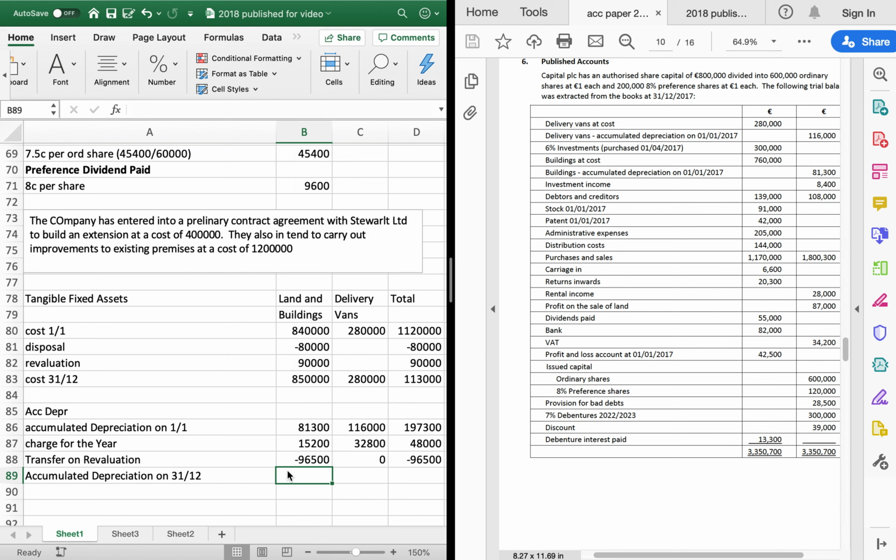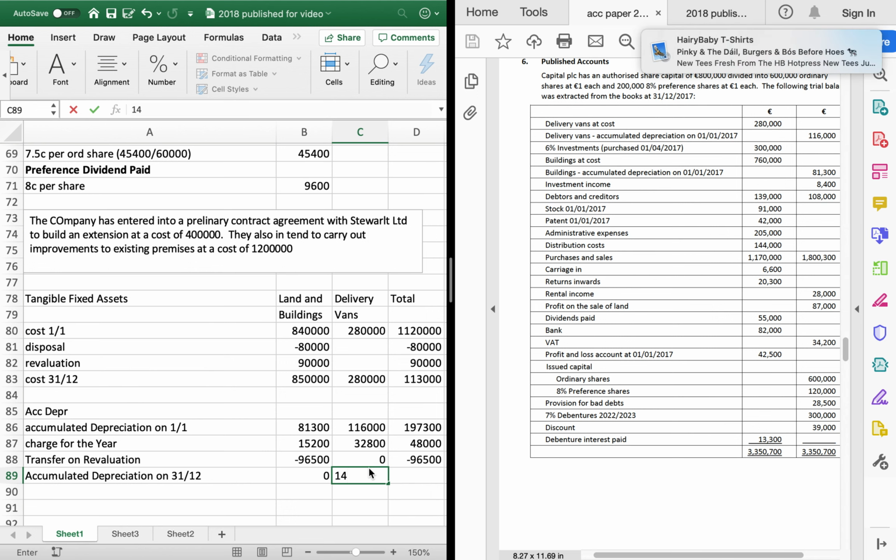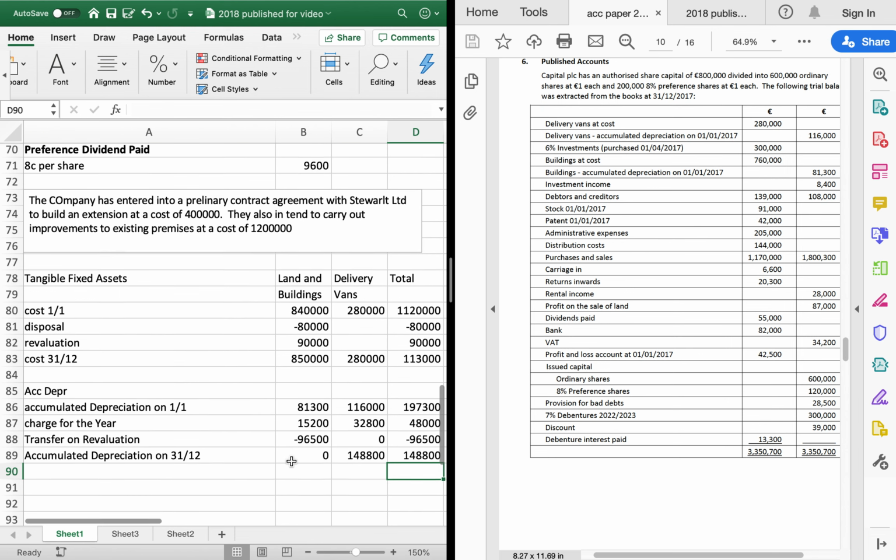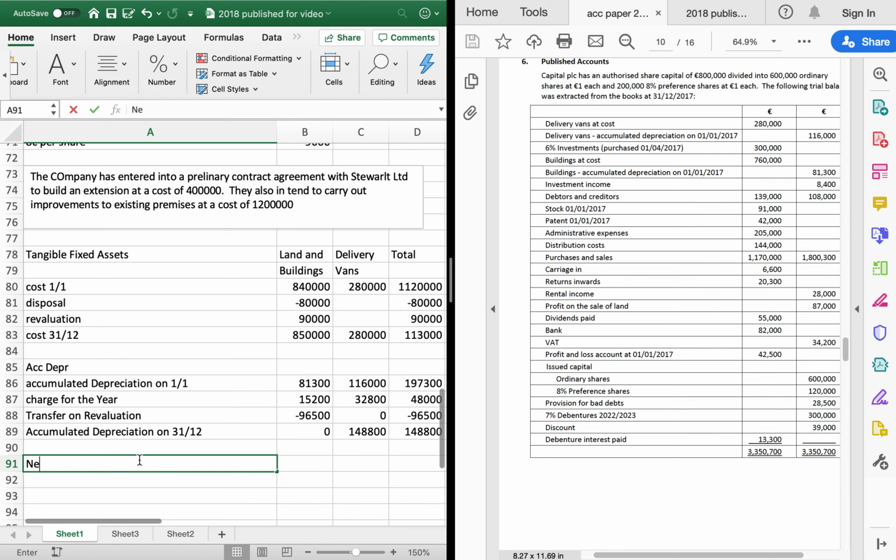For land and buildings, obviously it's 0. For the vans, what will that be? 148,800.